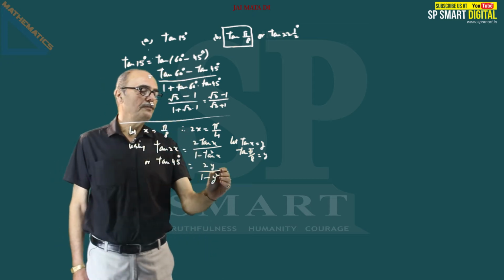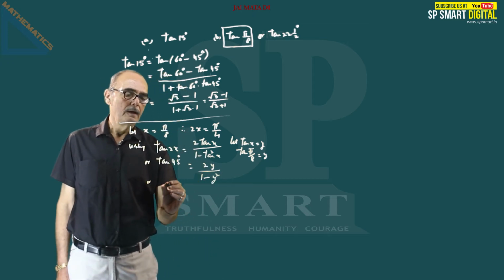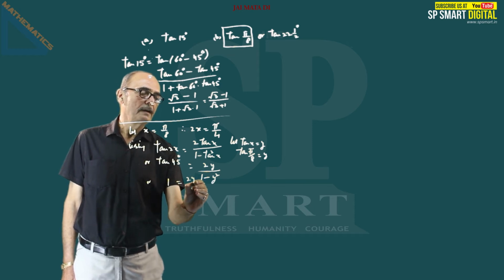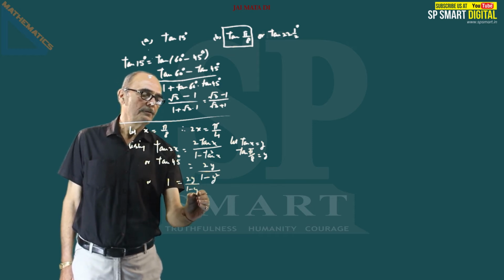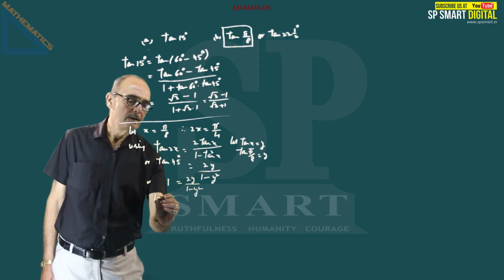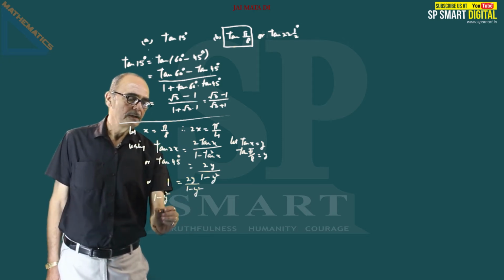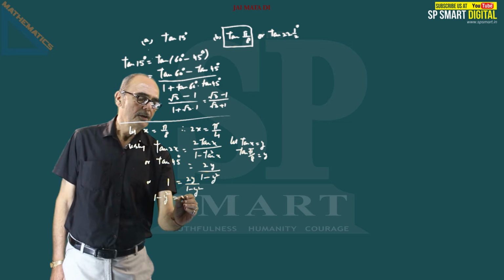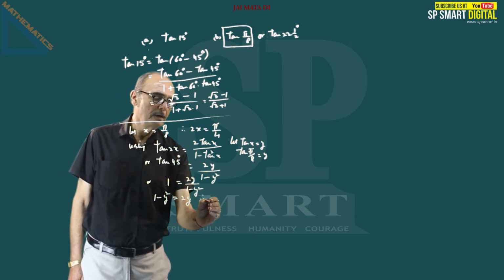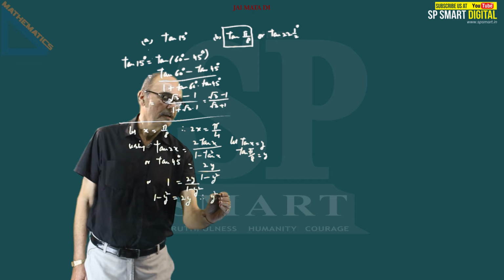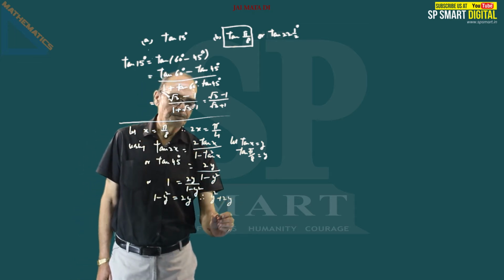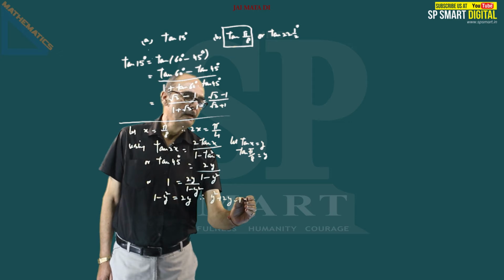Tan 45 is 1, equals 2y upon 1 minus y square. Multiplying crosswise, we have 1 minus y square equal to 2y, or therefore y square plus 2y minus 1 equals 0.